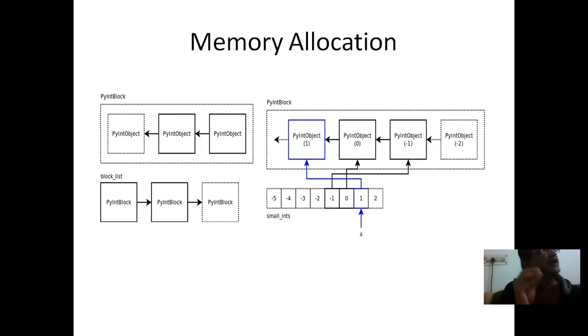So you are assigning a is equal to 1. Let us consider what is happening. It will start from a is equal to -5, because for a is equal to 1 the range is between -5 and 256. It's a small integer. The moment it starts from a is equal to -5, that means it's the starting point.